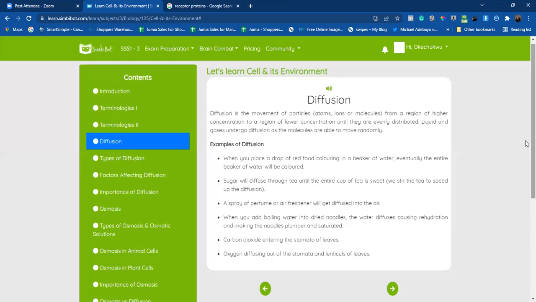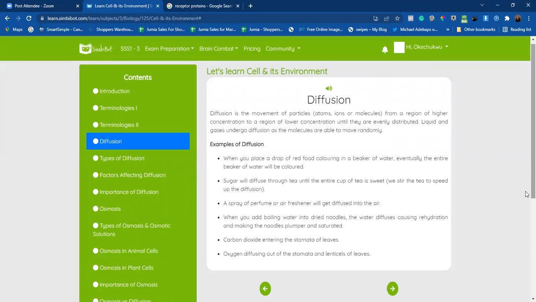So diffusion is the movement of these particles from a region of higher concentration to a region of lower concentration caused by random motion of these particles until an equilibrium is obtained.